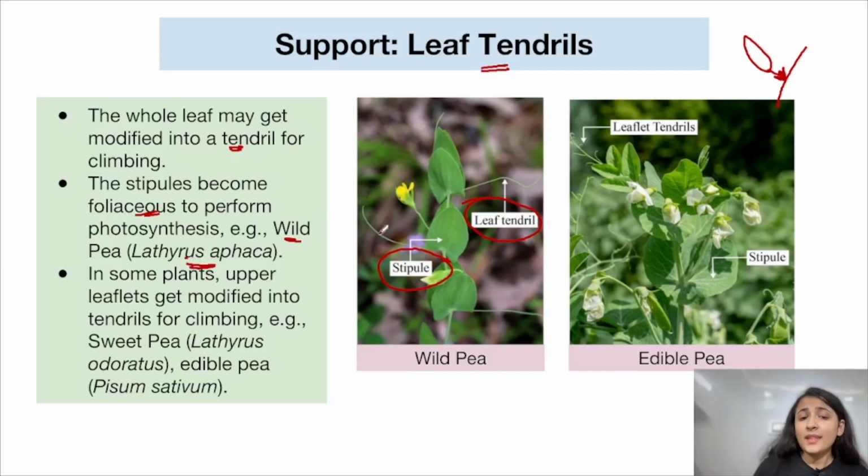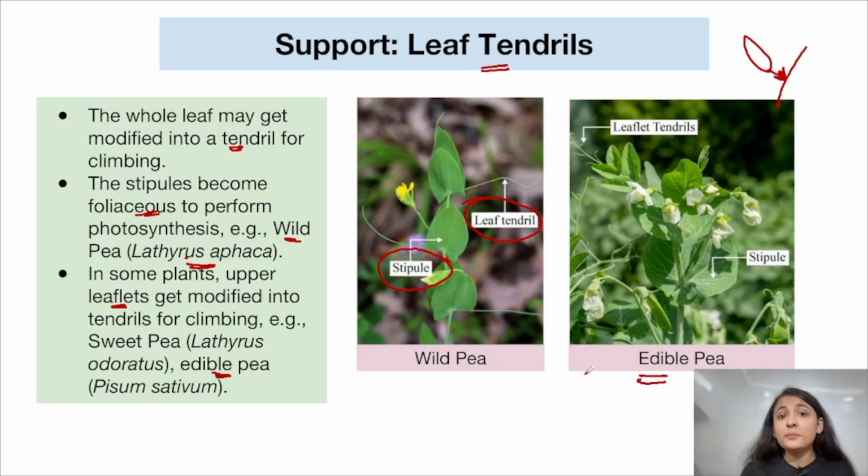Then in some plants, the upper leaflets, see, focus here, leaflets is mentioned. The upper leaflets in some plants can get modified into tendrils for climbing. Example, sweet pea, edible pea. See, this example is of edible pea, Pisum sativum. The peas which we eat, green colored.